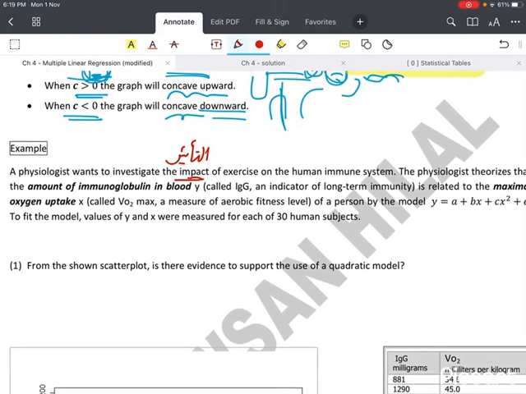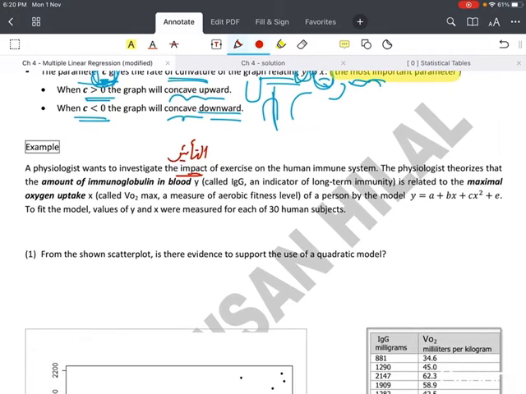The physiologist theorized that the amount of immunoglobulin in a person is related to the maximal oxygen uptake. So this will be Y, and this will be X, and this is a definition for it.